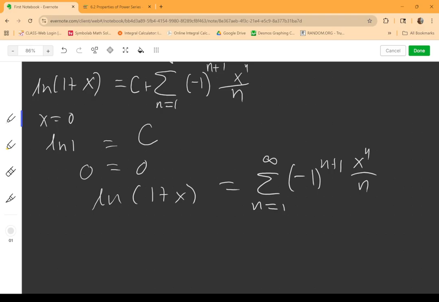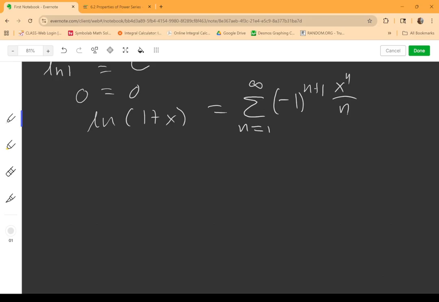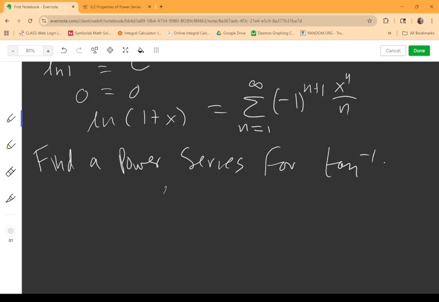Okay, let's try one more here. So here I want to find a power series for the tangent inverse of x, right?